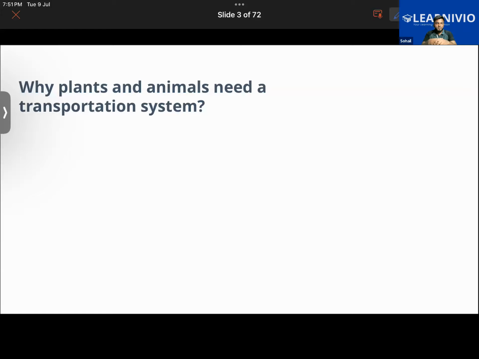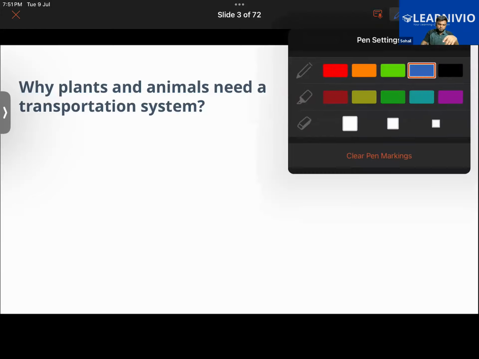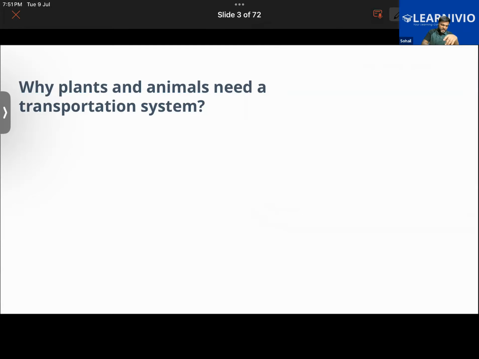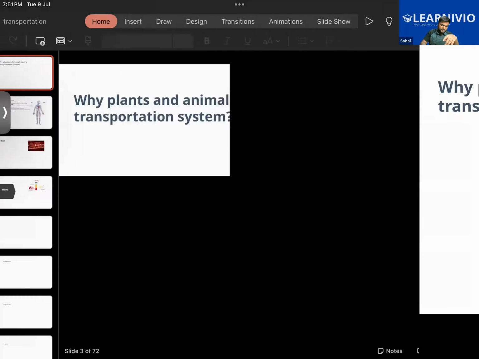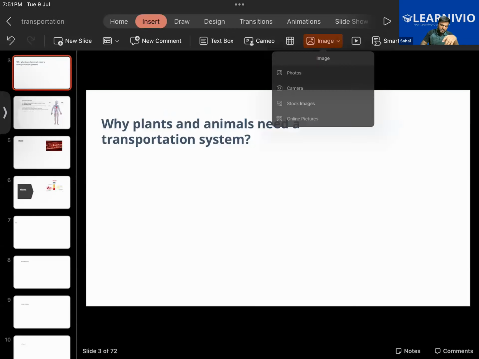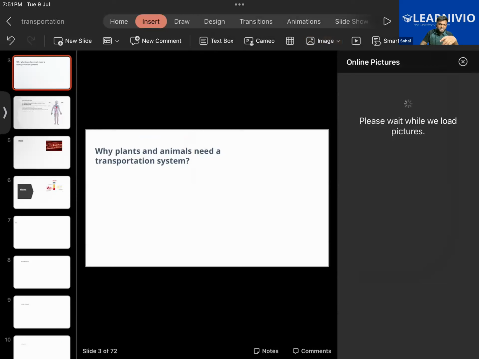So we have a cell, like any cell in our body. A cell performs different functions, as you guys know. In order to perform different functions, it needs food, so it would be getting the food.